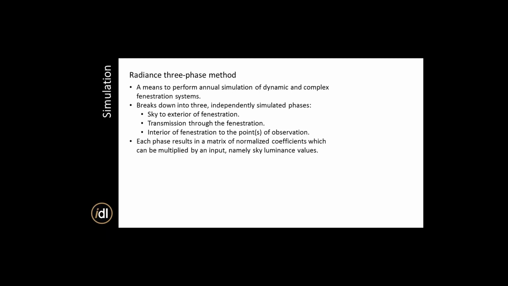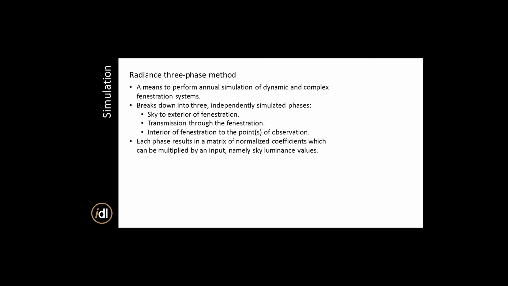Okay, so after the model is set up, this is essentially how we would approach the simulation. The Radiance 3-phase method is essentially the best way currently, or I should say the fastest, to annually simulate dynamic and complex fenestration systems. We break this down into 3 distinct phases, which I'll go into in a little more detail.